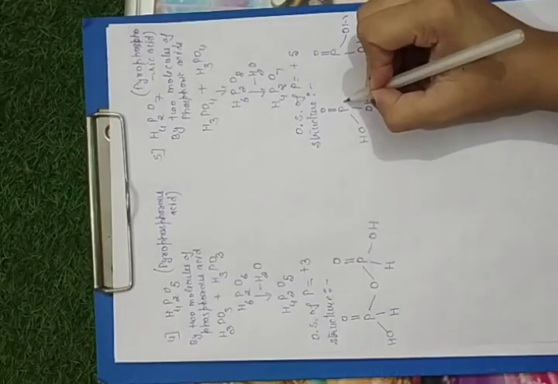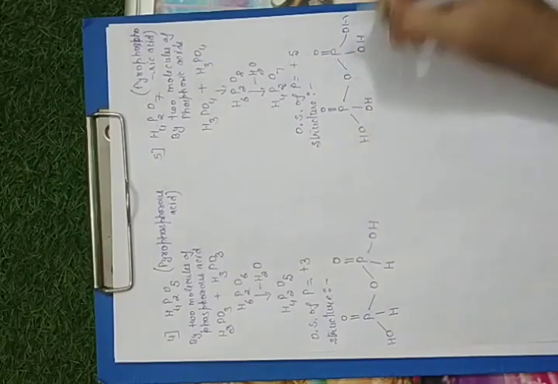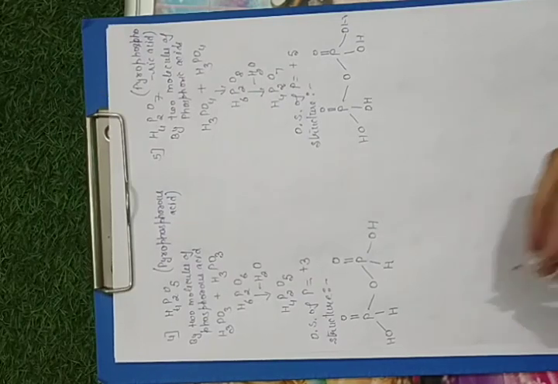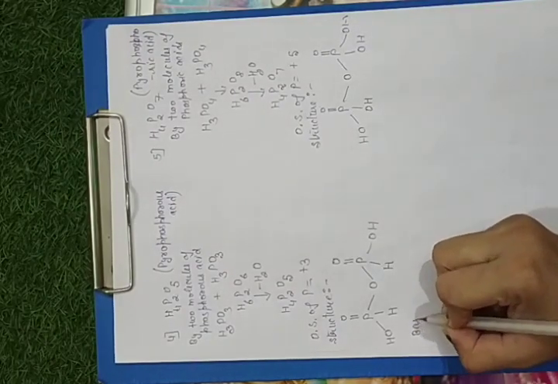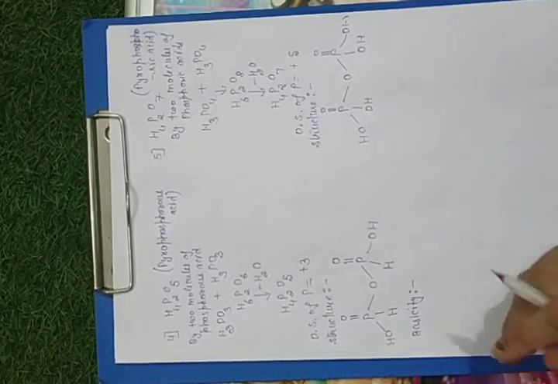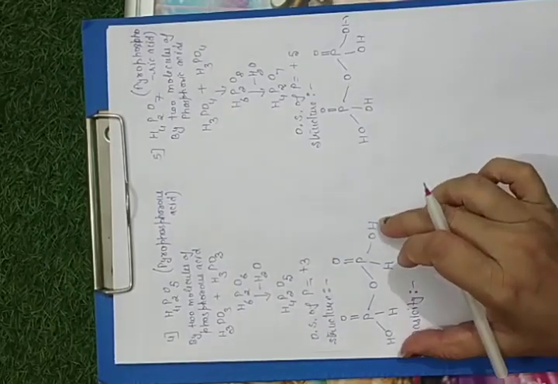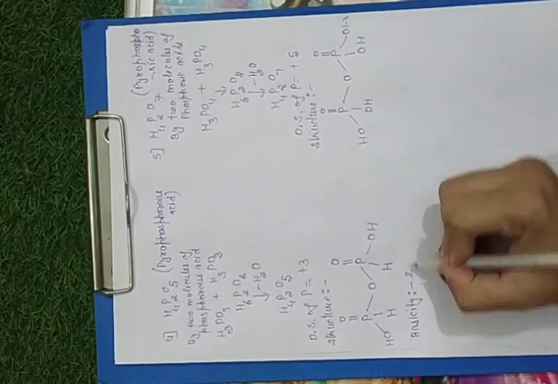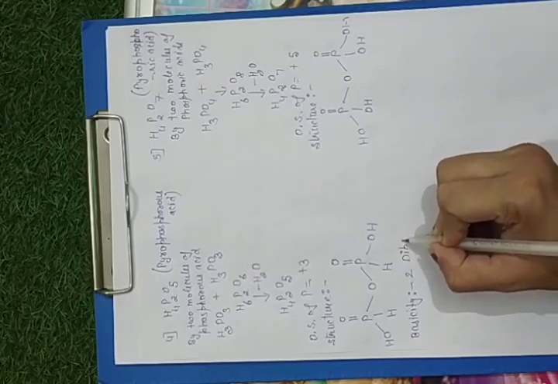The remaining 1 atom of oxygen is present in between these 2 units of phosphoric acid. This is the structure of pyrophosphoric acid. Now what about basicity? Count those hydrogens which are connected with oxygen. Then it is 1 and 2. Its basicity is 2, hence it is called a dibasic acid.